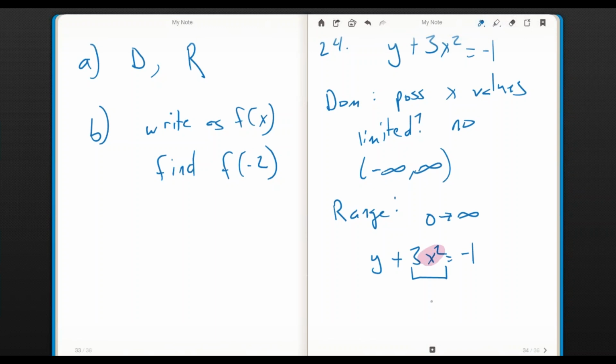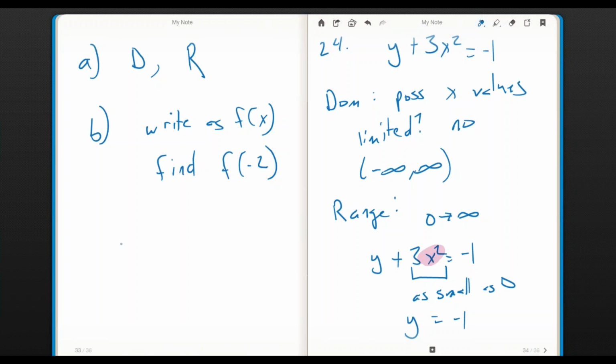So this number might be as small as 0, but it will be no smaller than 0. So y could be a negative 1, but as this number grows, y will be bigger, but y will never be smaller than a negative 1 because it's limited. That 3x squared is limited in its size by being as small as 0.